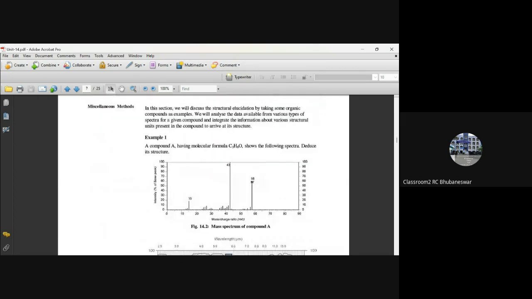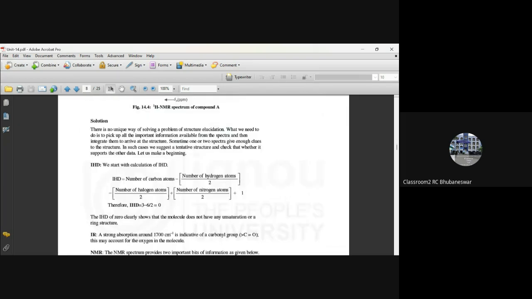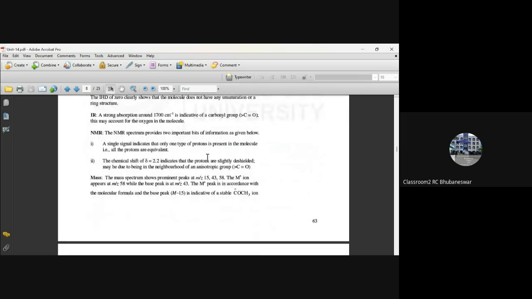Around 1700 you are getting a strong absorption peak, which is an indication that a carbonyl group may be present. You can't say that an acid or something else will be present, because you have to see the molecular formula also, how many oxygens are there.